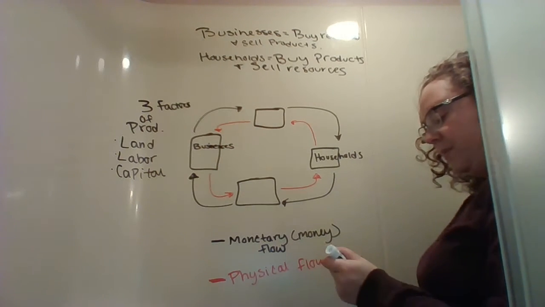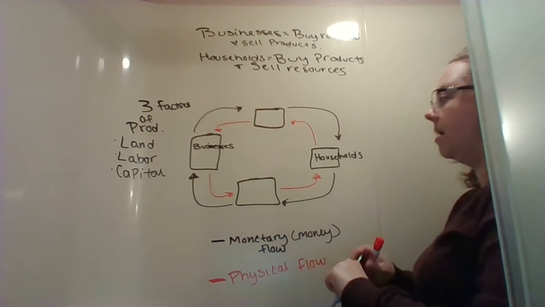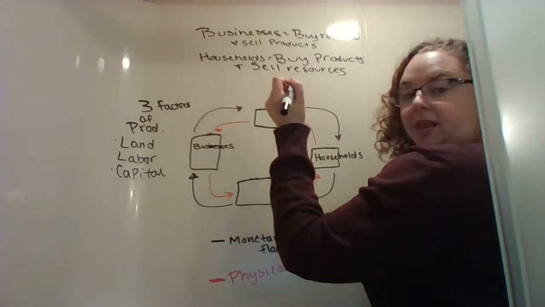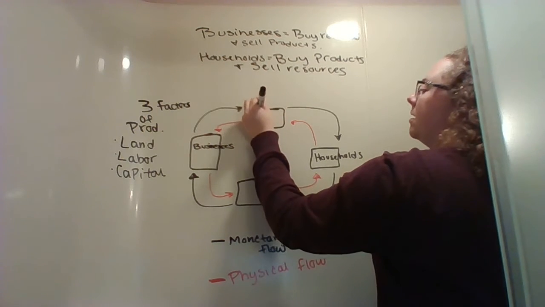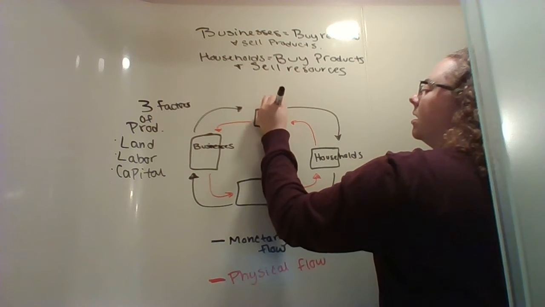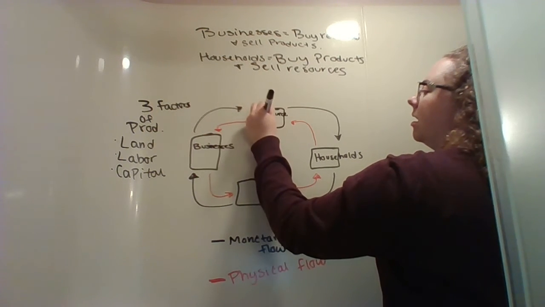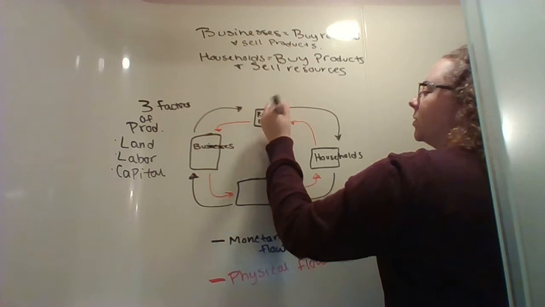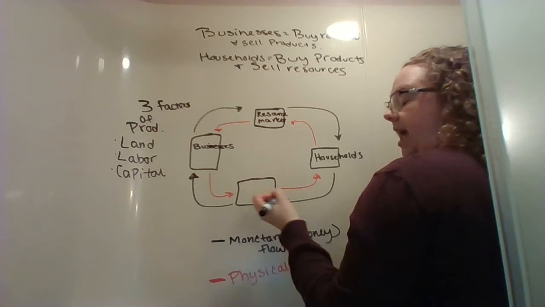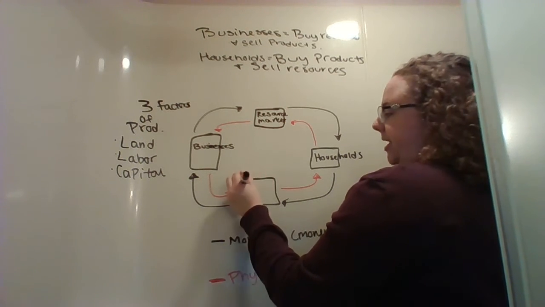So at the top of the chart here, this is the resource market. And this one is the product market.